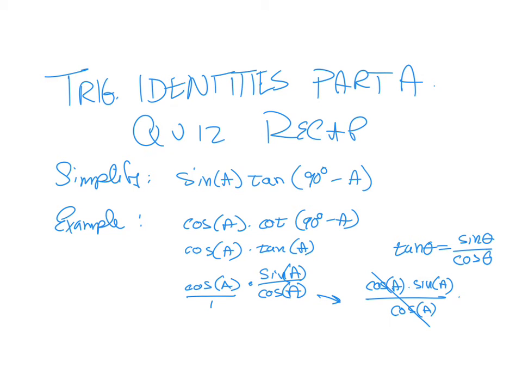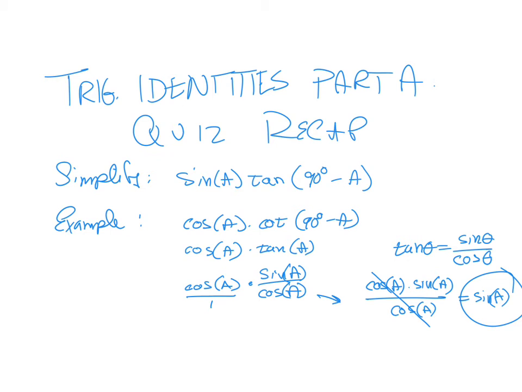And so that will just equal sine of A. And that's as simplified as that's ever going to get. So let me draw a circle around that. Yes, that's a simplified expression that's equivalent to what I started with on this example.